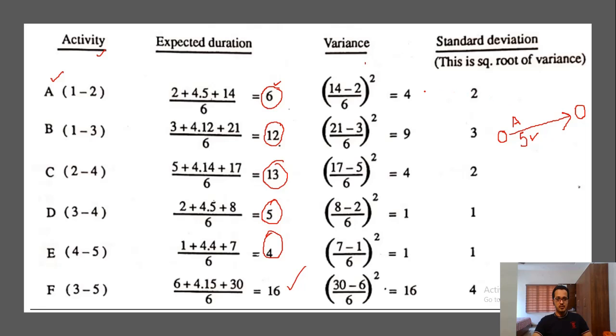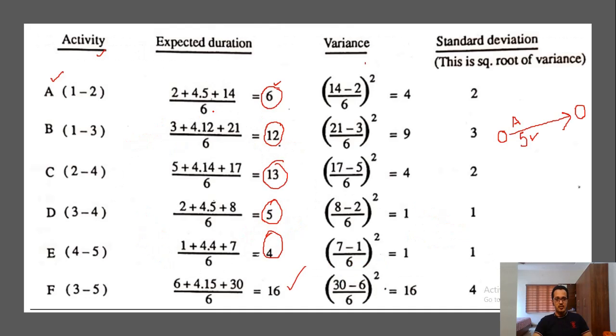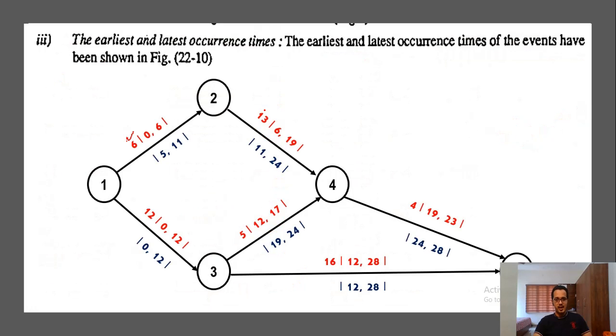This value of 6 is obtained from the previous table, and we transfer these expected durations to each activity. Now we have written all the durations: this 6, this 13, this 4, all are values of expected duration.